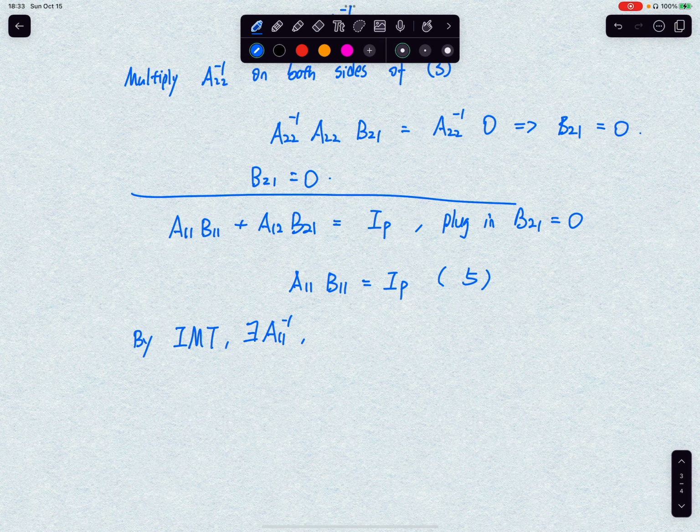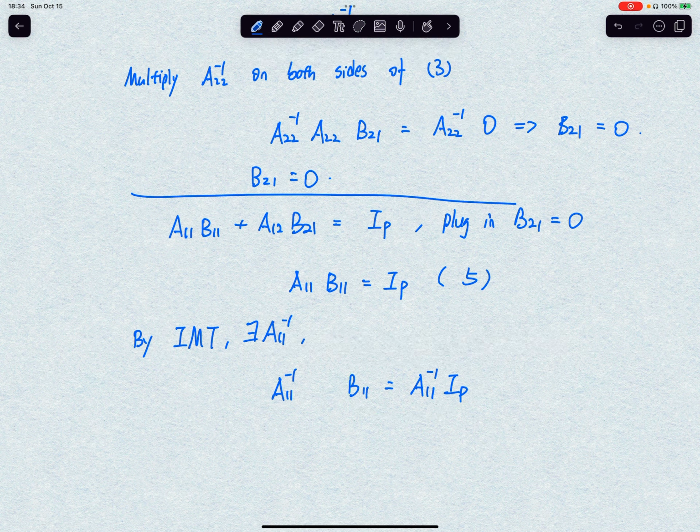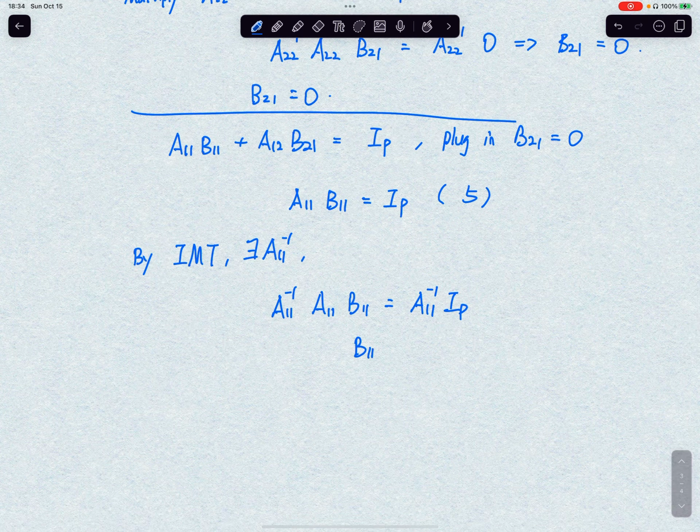So we can multiply on both sides of equation 5 by A11 inverse, and that multiplication is left multiplication. So we have this equation, sorry, I missed the A11. Therefore, we have that B11 equals A11 inverse.